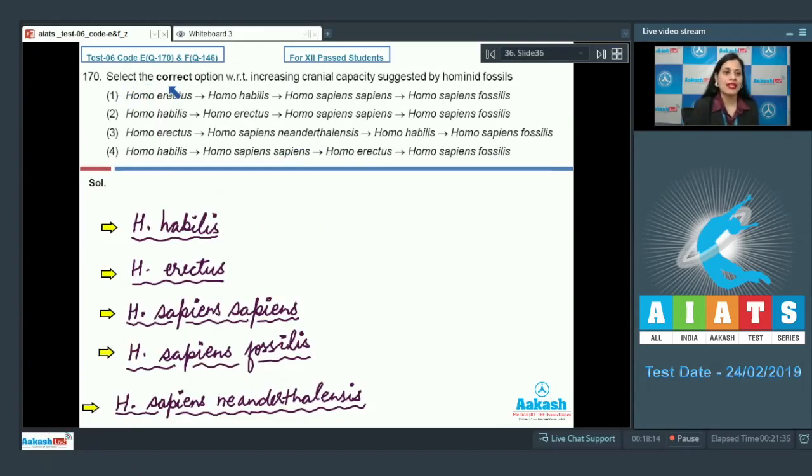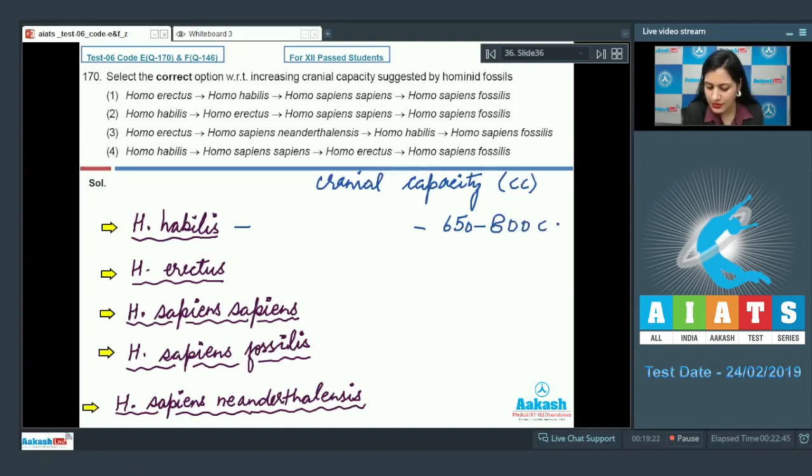Question number 170. Select the correct option with respect to increasing cranial capacity suggested by hominid fossils. The very first option is Homo erectus, Homo habilis, Homo sapiens sapiens and Homo sapiens fossilis. Before attempting this question, we must know the cranial capacities of these fossils. Homo habilis, 650 to 800 cc.